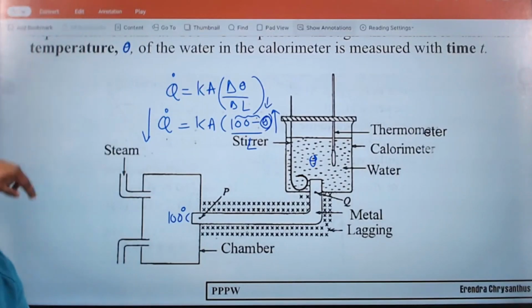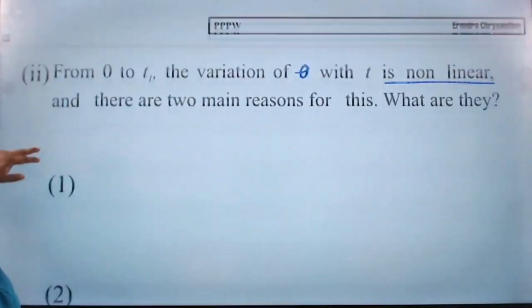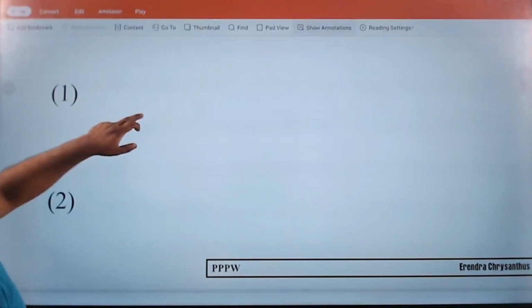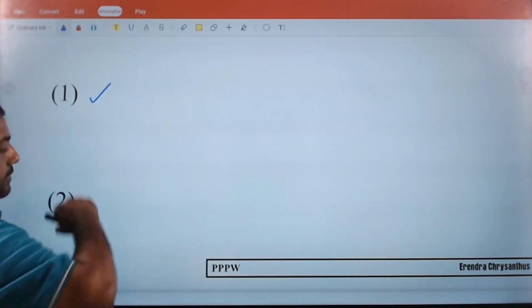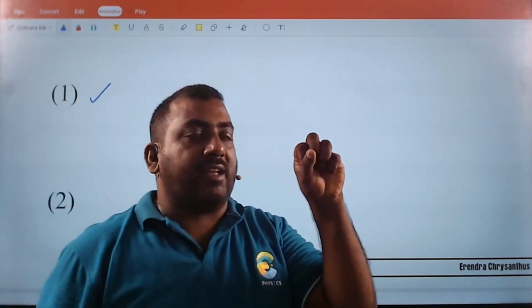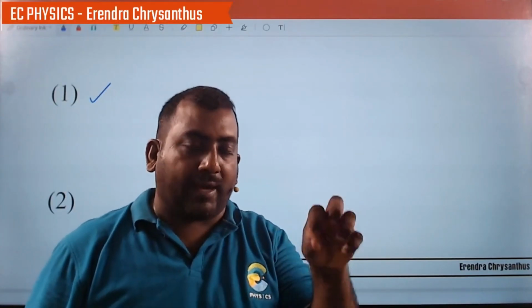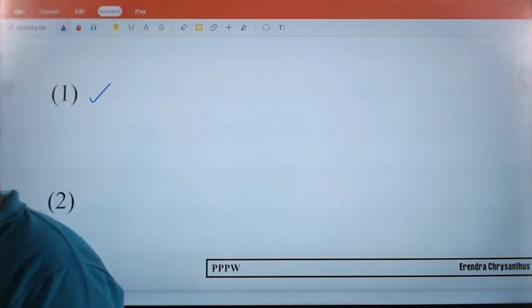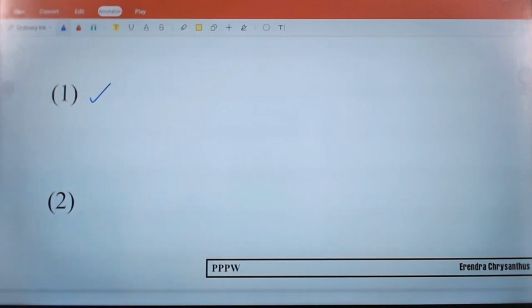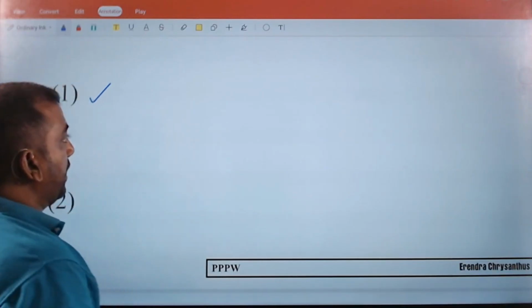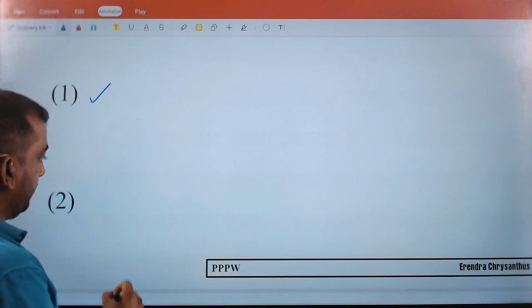So if you go back, your two reasons are, first one, what is it? Heat is lost to the environment from the water and the calorimeter.